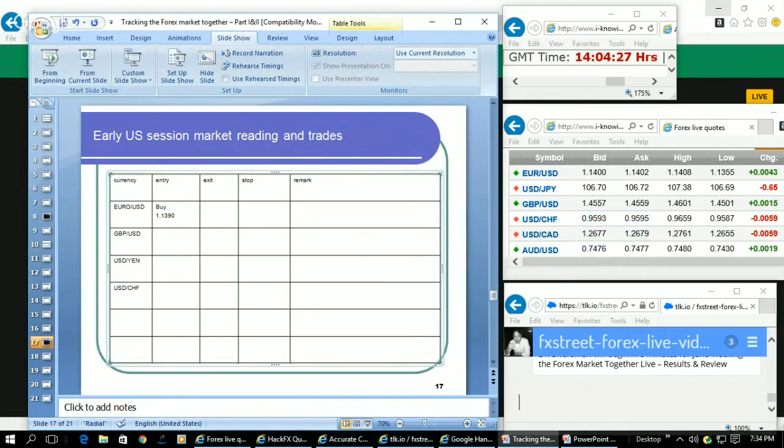Okay, 10 pips below, I'm keeping the buy limit order. The exit will be 30 pips above the buy. And the hedge order, $1.1360.